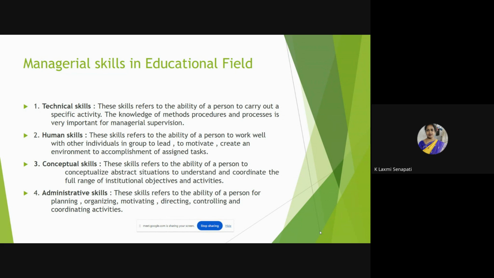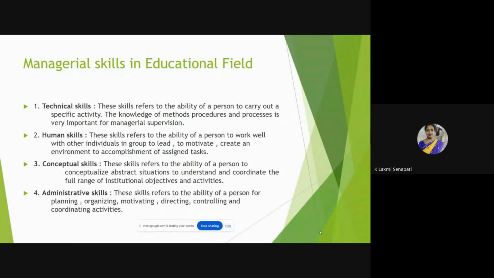Human skills refer to the ability of a person to work well with other individuals in a group, to lead, to motivate, and to create an environment for the accomplishment of assigned tasks. So we should create a team spirit. We are one, and group work and teamwork must be there.